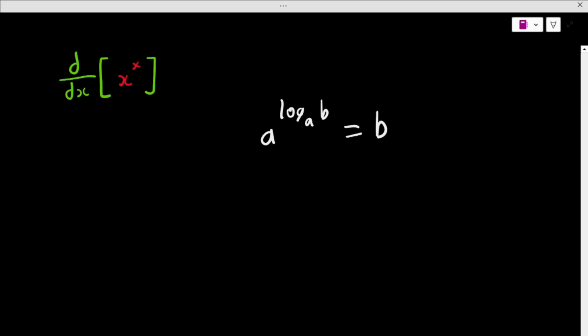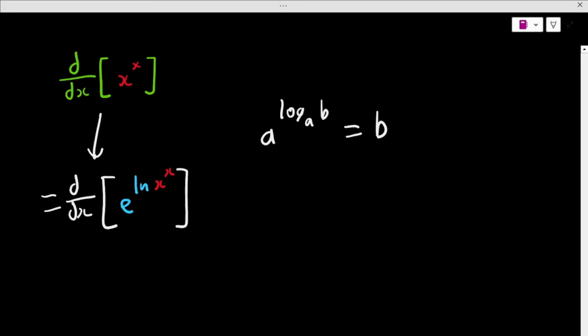Namely, we are going to be re-expressing this as the derivative with respect to x of e to the ln of x to the x. Another property that we know is that if we have log base a of x to the n, n can in this case be a variable.